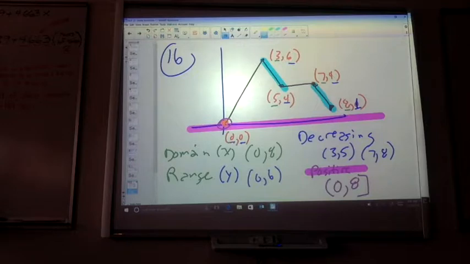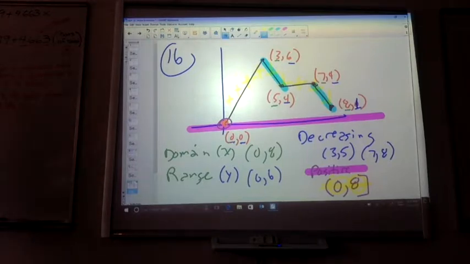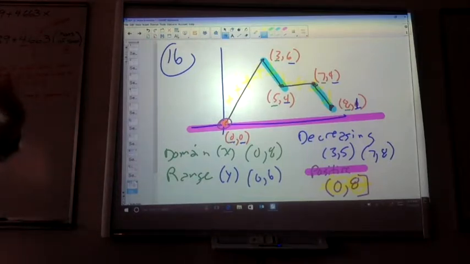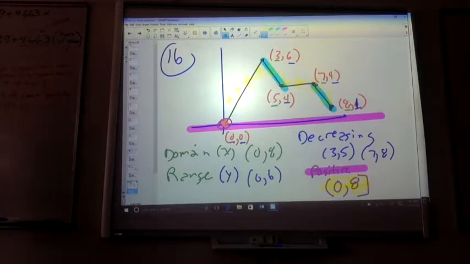So what's taking place with this is positive, positive, positive, positive, positive, positive. And we're talking about when it's positive, the y value. Those are the x values, but your y values between 0 and 8 are all some sort of positive number. They are above the x-axis.